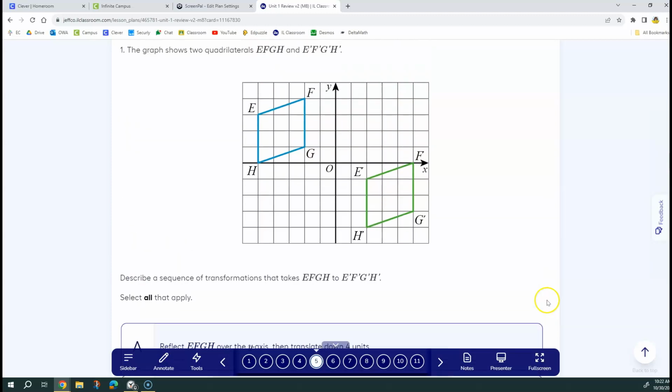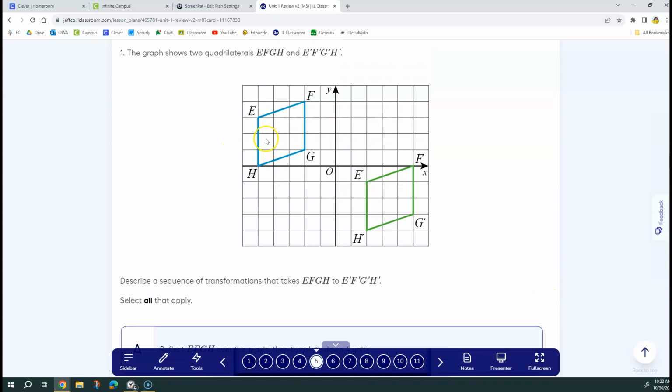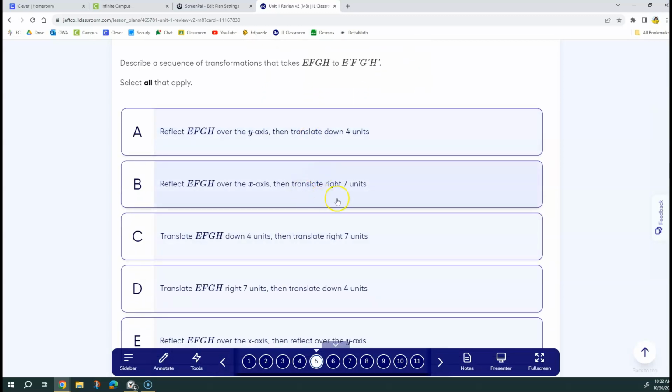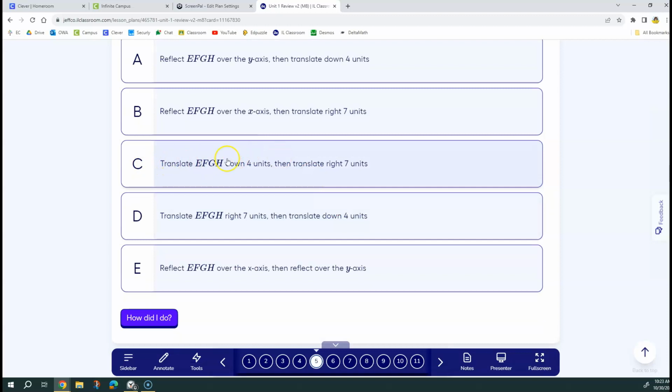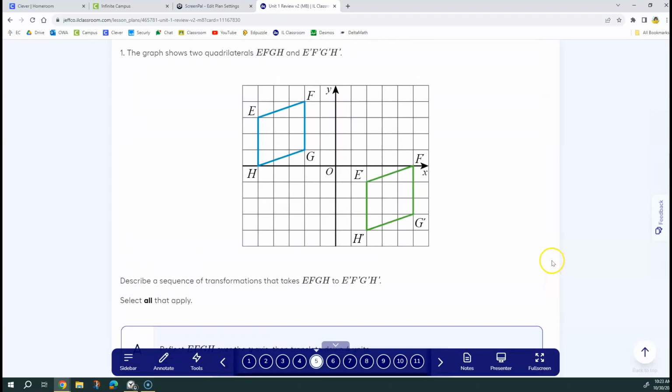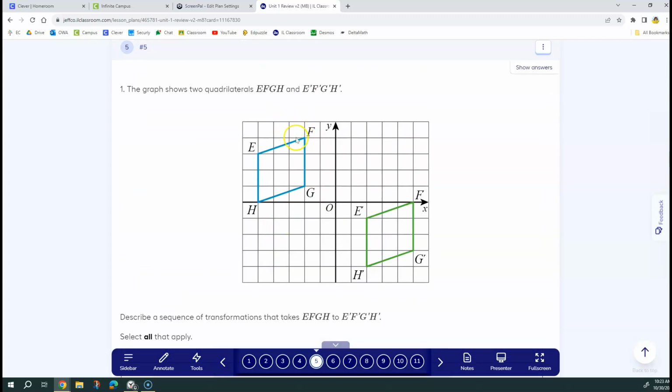If you think about it, that can't be a reflection or a rotation because the points are still in the same locations. So reflection is not an option. Now I'm looking at C and D. Both of those are translations. Let's see.